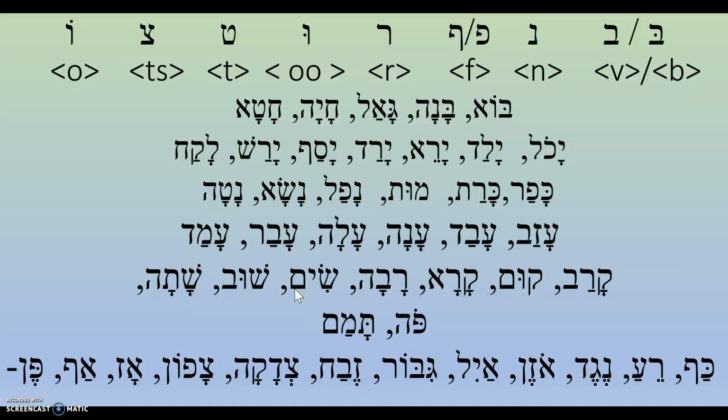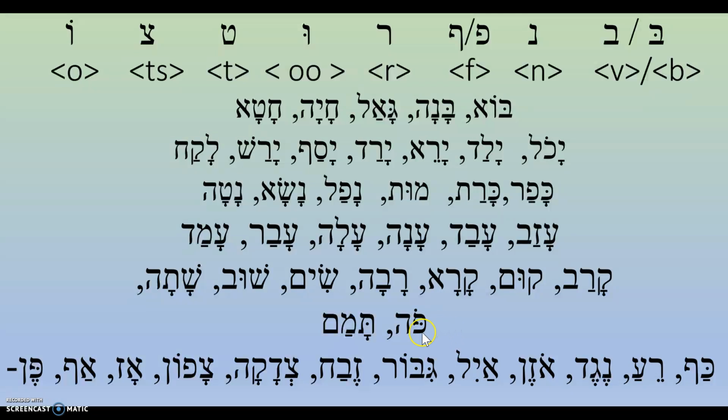Sim, to set up, put, place, lay, to establish. The next one, shuv. Shuv, with an u in the middle again, as we said, means to turn back, to return, to go back. Shata. Shata means to drink.